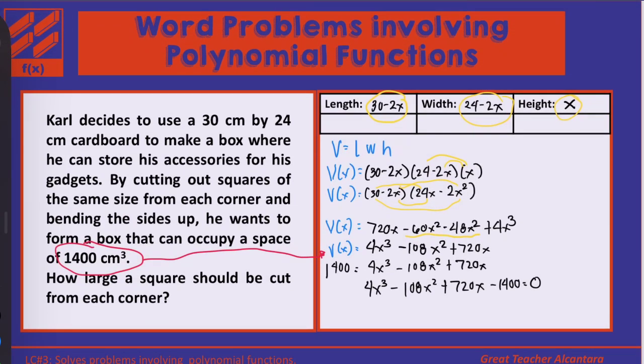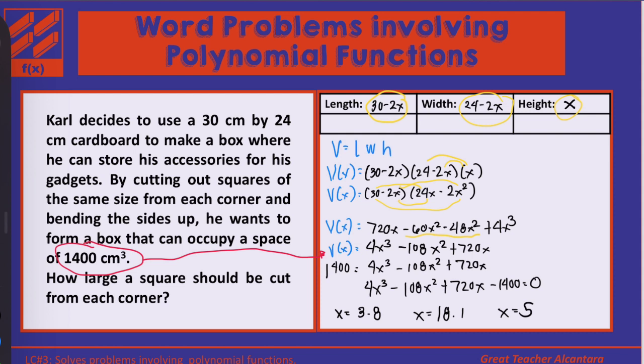So in this case, if you identify the x-intercepts of this one, you're gonna get values like x is equal to, I think it's like 3.8 something or 3.9. You're gonna have x is equal to 18.1 something, and then the last one is x is equal to 5.